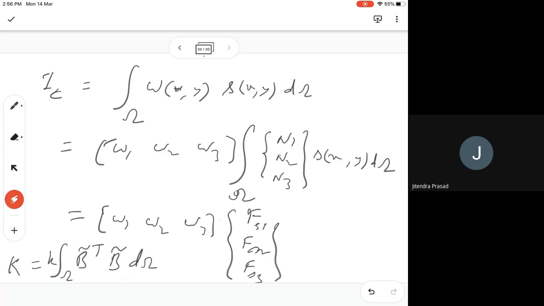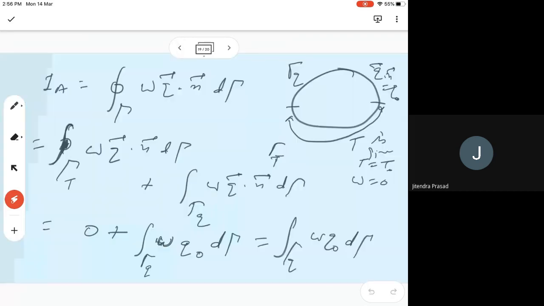Force vector from the source one, this is the force one, right? And for the boundary, you have to evaluate what exactly the values are. So right now you have W coming, but W itself will have W1, W2, W3.